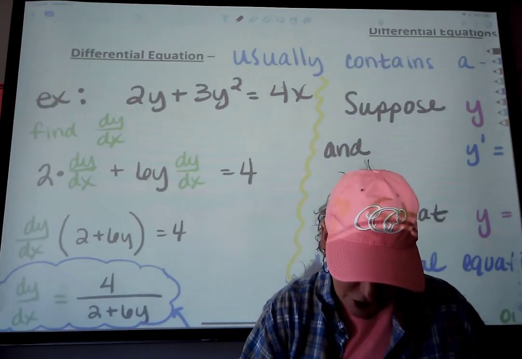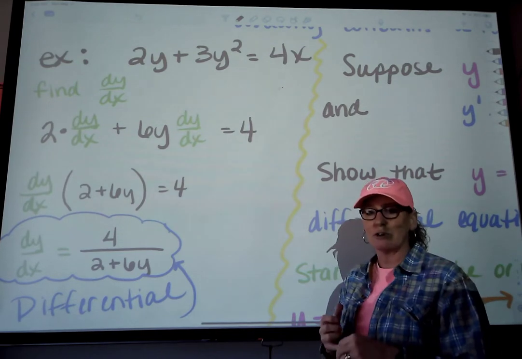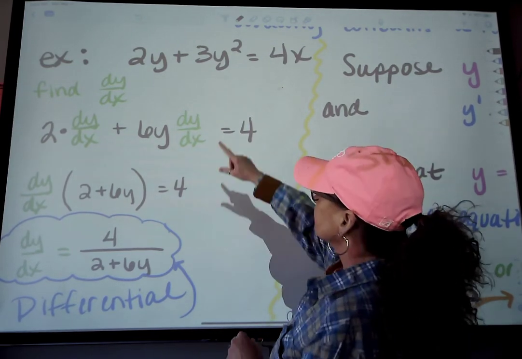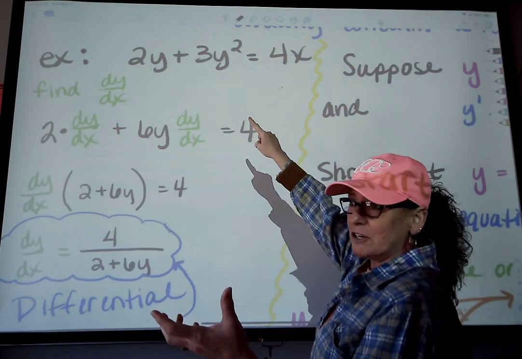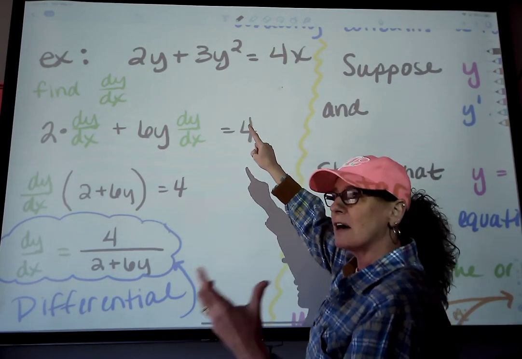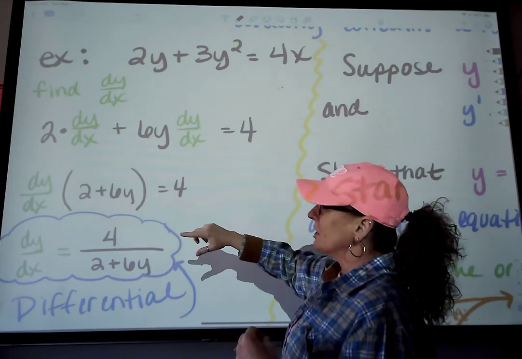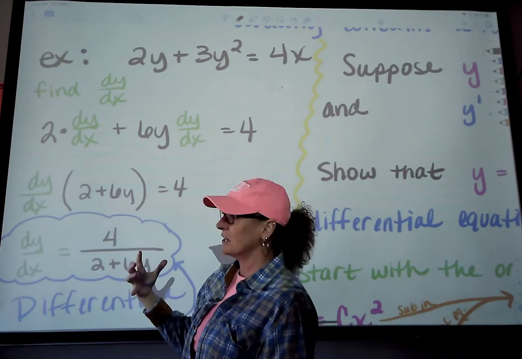A good way to show you where a differential equation might come from is to go back and refer to implicit differentiation. So the function that I've written in black up there, you see how your y is buried in your function? You can't solve that function for y. So if you need to do a derivative on it, you just need to keep in mind y represents some messy function that we don't know what it is.